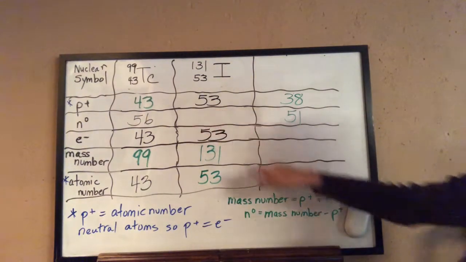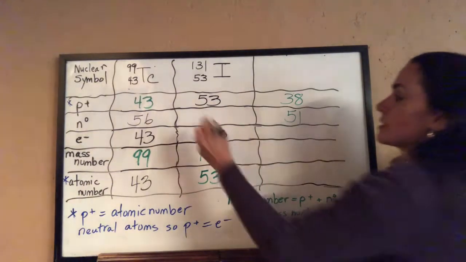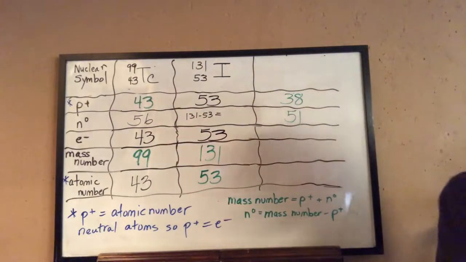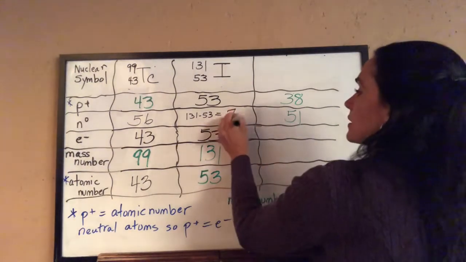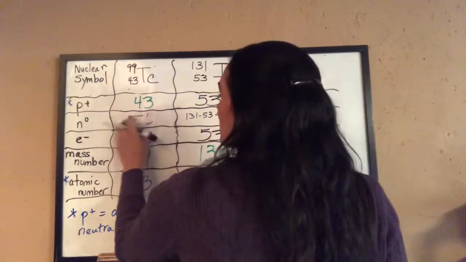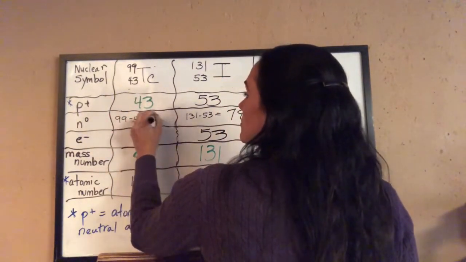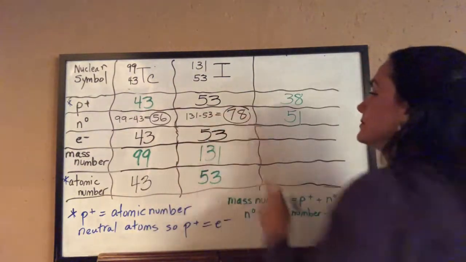So if you needed to get the neutrons, you would do the mass number minus the number of protons. So 131 minus 53 would give you 78 neutrons. I'm just going to write here, just for educational purposes, so you know how that number got there.